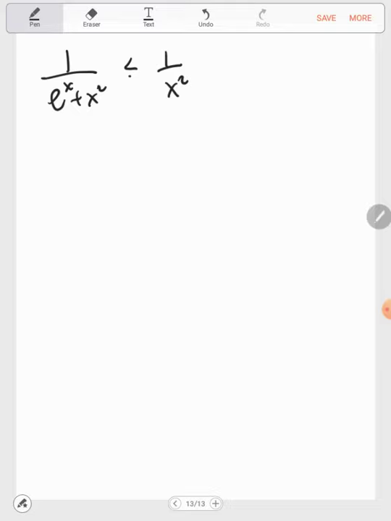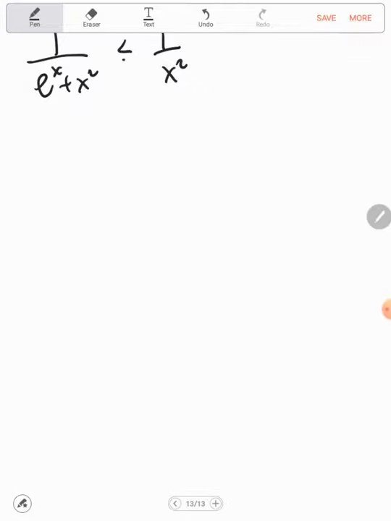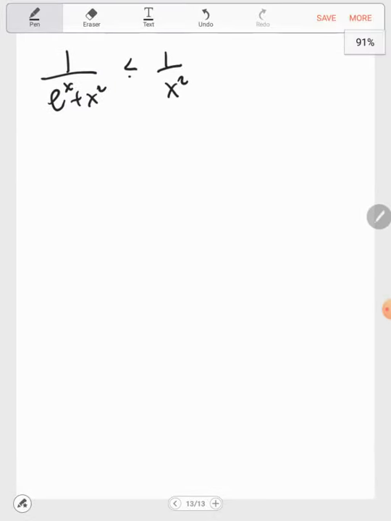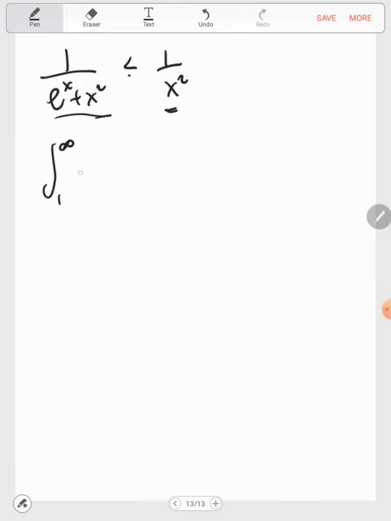Now remember from the comparison rule, if this function is convergent, then even the function that is before it is convergent. So let's check. Is this integral from 1 to infinity of 1 over x squared dx convergent?